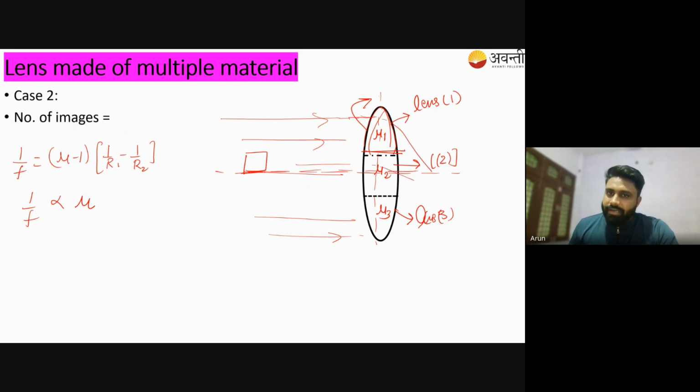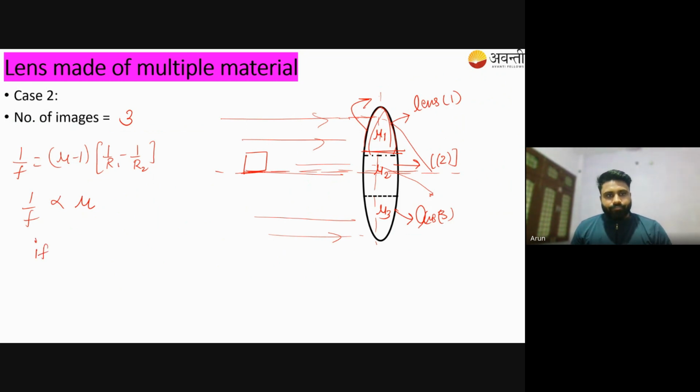This will also refract the ray at a different position. So we have different images from these different lenses. How many lenses do we have? We have 3 materials here, so 3 lenses will be there. So the number of images will be 3.